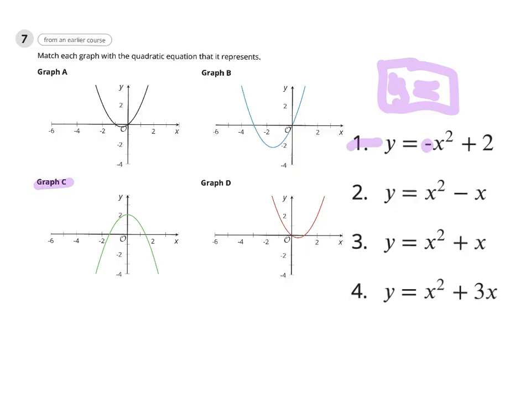Negative makes the parabola go down. 2 matches with D. 3 matches with A, and 4 matches with B.